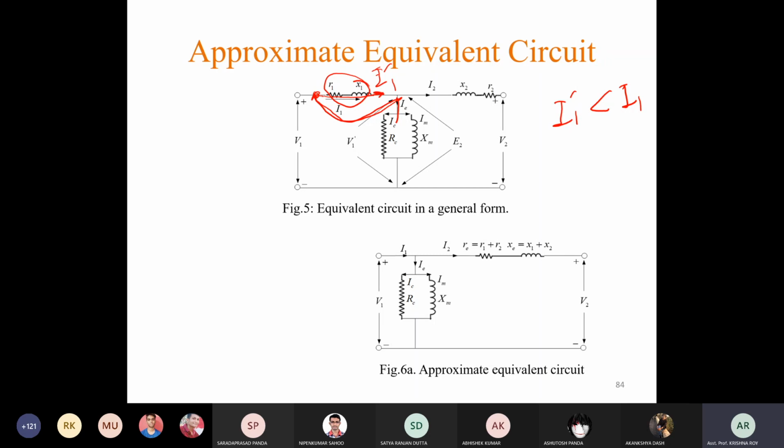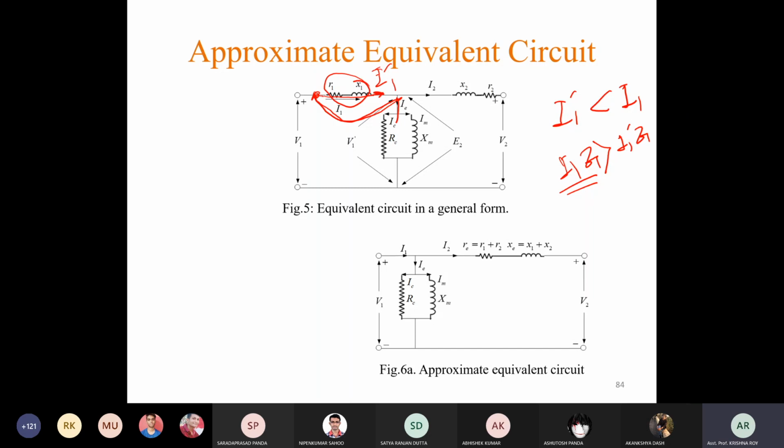So lesser current is flowing through this winding resistance and leakage reactance, so there will be a less voltage drop. Previously the voltage drop was I1 Z1. Now the voltage drop is I1 dash Z1, which is less than this. So we are considering a little less voltage drop now.